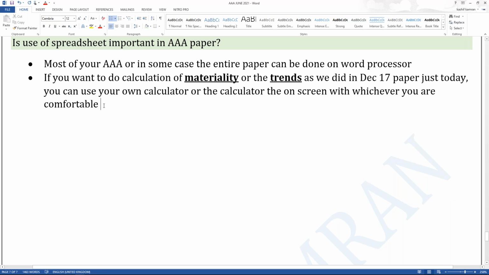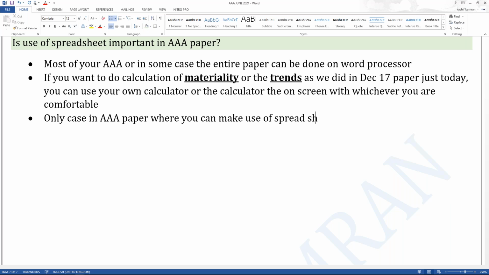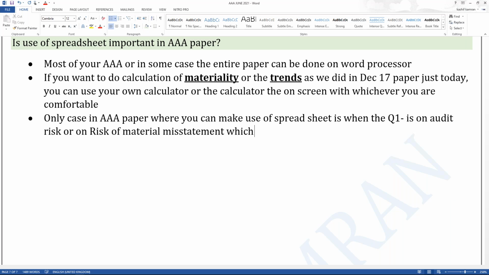Now, when will you use the spreadsheets? The only case in the AAA paper where you can make use of a spreadsheet is when the question number one is on audit risk or on risk of material misstatement, which specifically asks to utilize the analytical procedures.